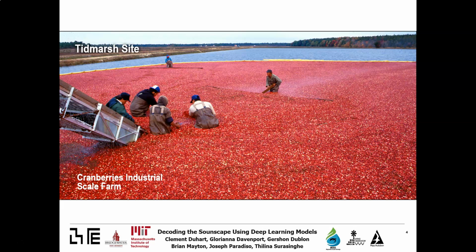Cranberry being a wetland plant, its cultivation happens largely in heavily modified wetland systems. It could vary from a peat bog to some other peat-based wetland system.